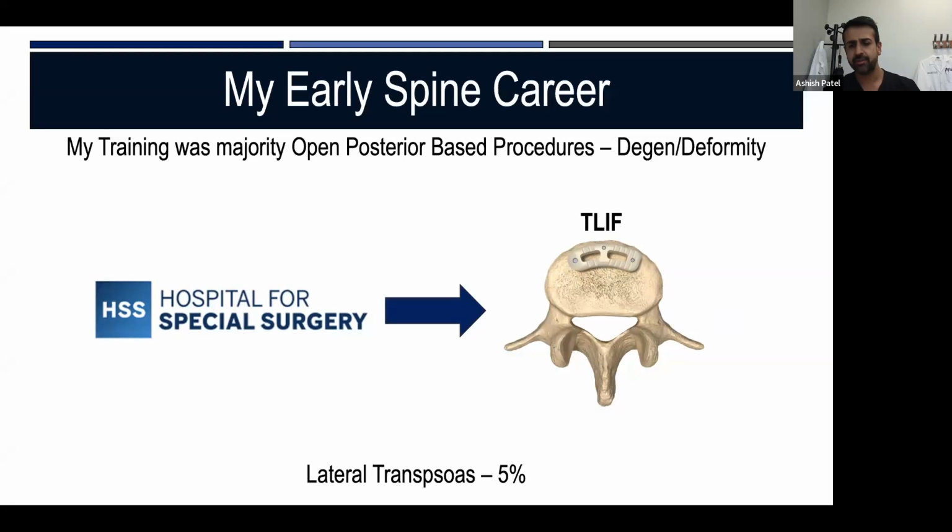And this journey really starts with my training. I did my fellowship at Hospital for Special Surgery, and there the majority of my cases were open posterior-based surgery, both degenerative and deformity, with lateral surgery representing maybe 5% of my case mix. So I had decent exposure to it.